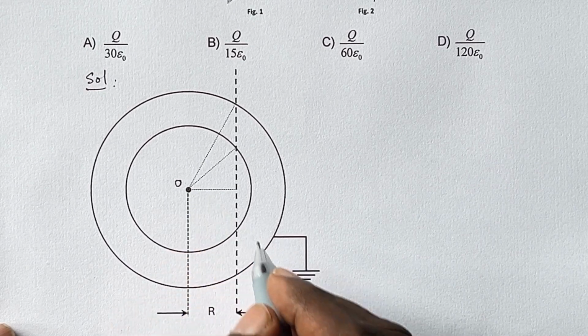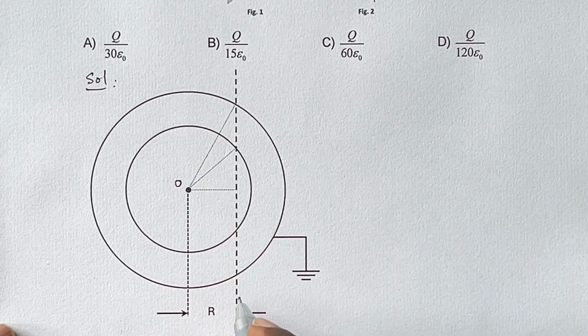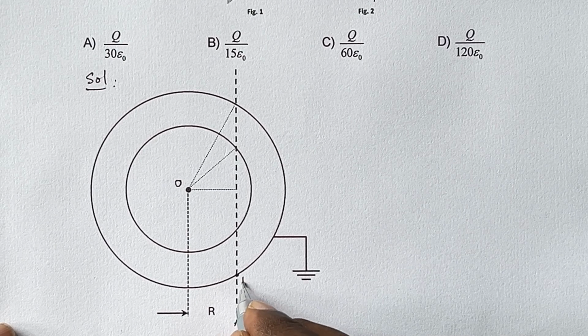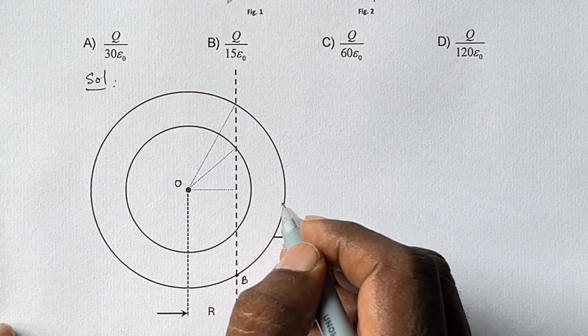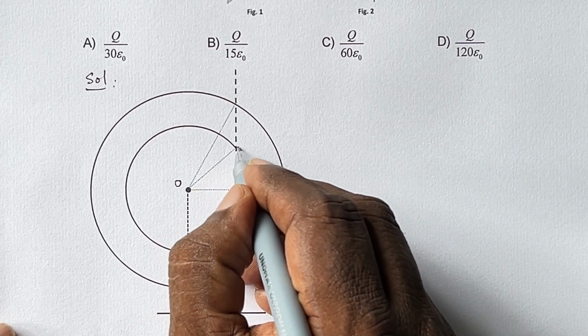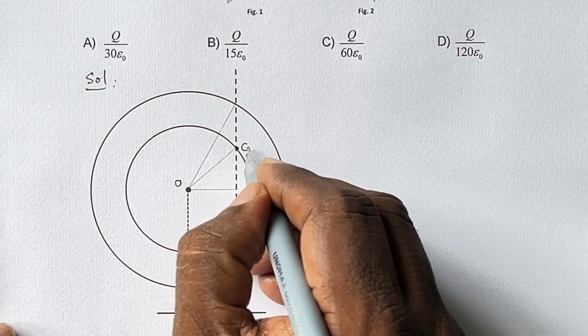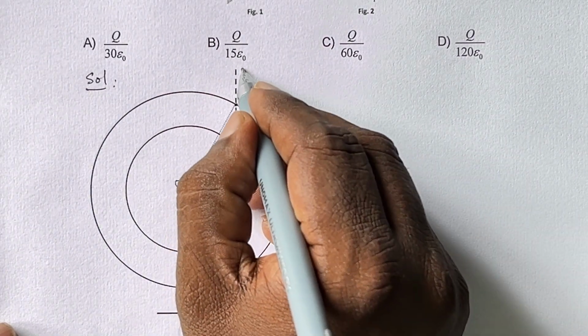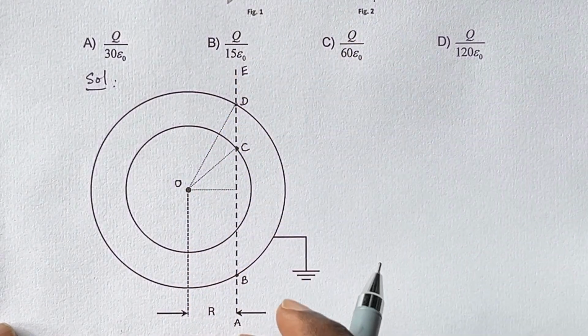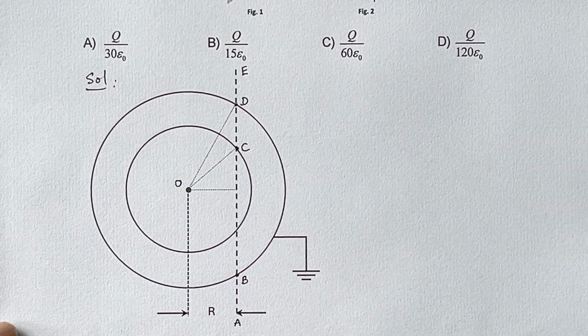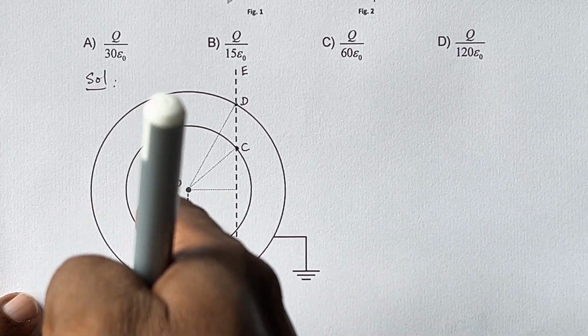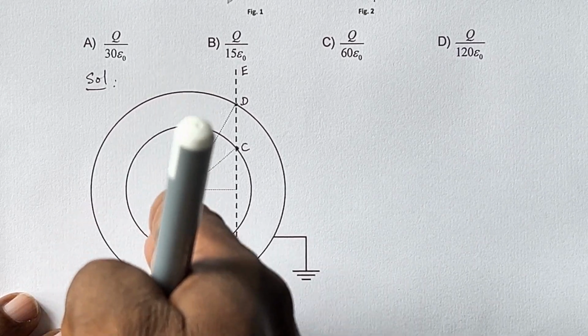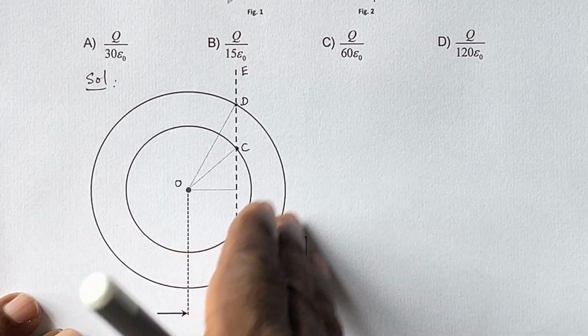I have drawn the plane, and wherever the plane cuts the cylinder surfaces, I will name the points: this is A, this is B, this is C, this is D, this is E. So AE is a plane which is parallel to the axis of the cylinder.